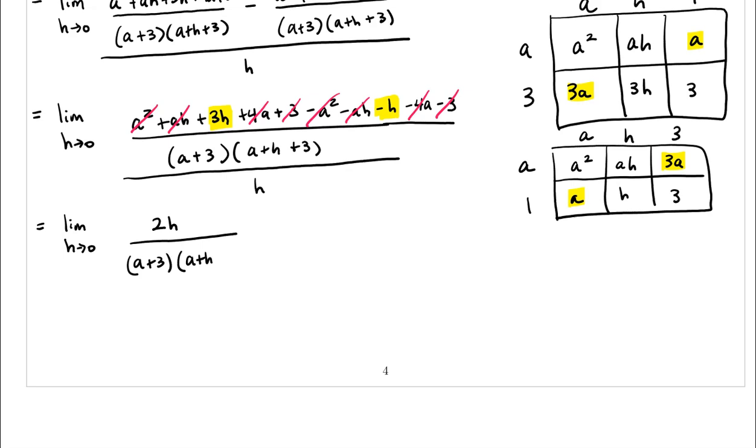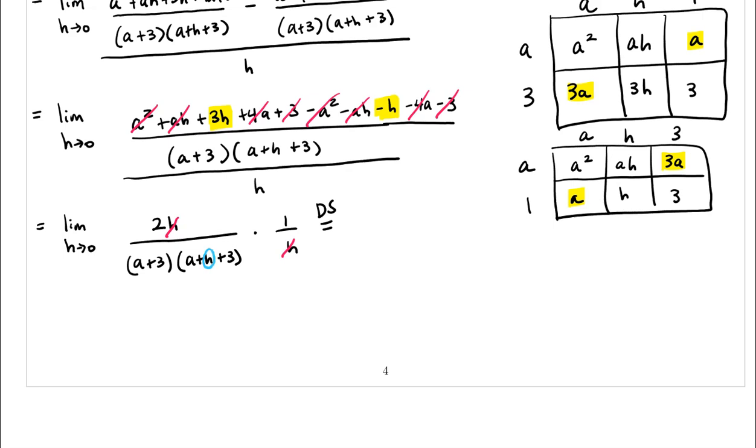times a plus h plus 3, and h over 1, again, this is a complex fraction, so I'm going to multiply by the reciprocal. And look at that. This h and this h will divide out. Notice that we have no more issues if we were to use direct substitution. And so now I'm going to use direct substitution, and remember I told you not to multiply out the denominator.